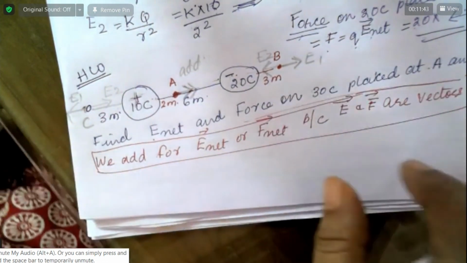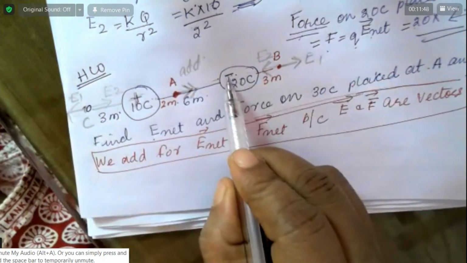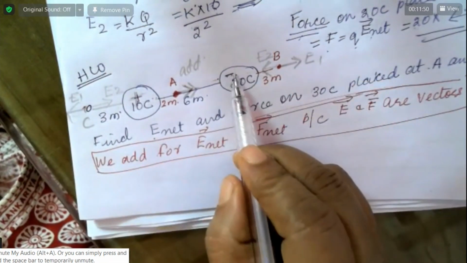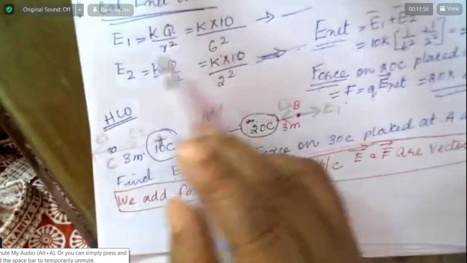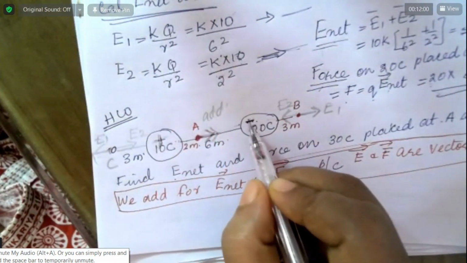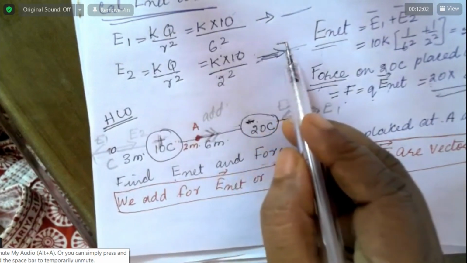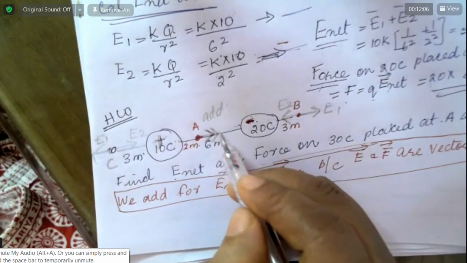So remember one thing. Here this is a negative charge. So don't put this negative for the values here. Here I gave you both positive, here I gave you negative. Don't put this negative in the calculation, because this negative is indicated by our arrow.